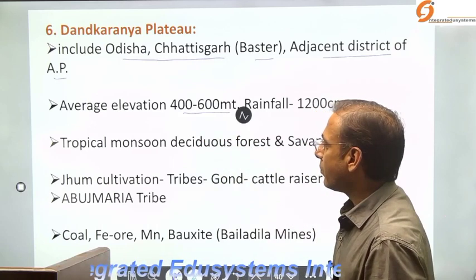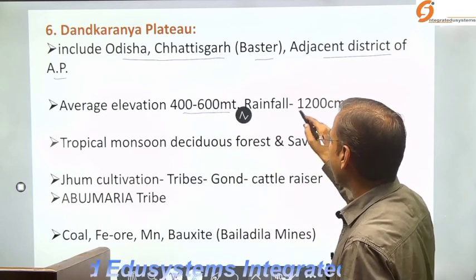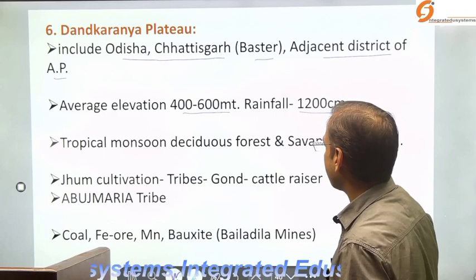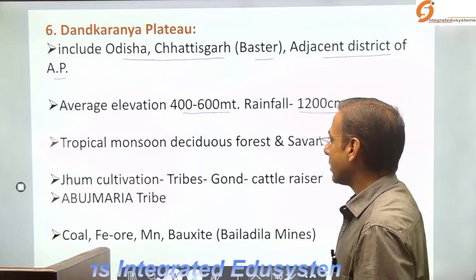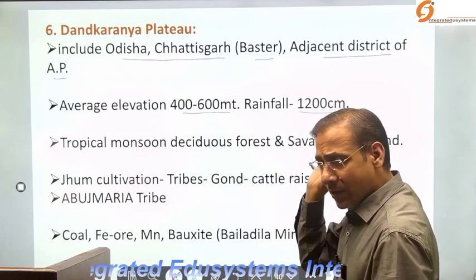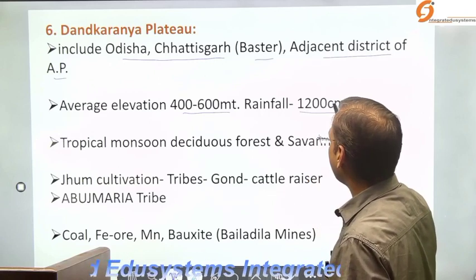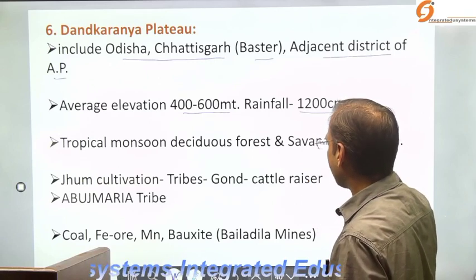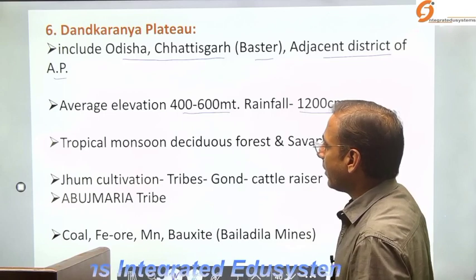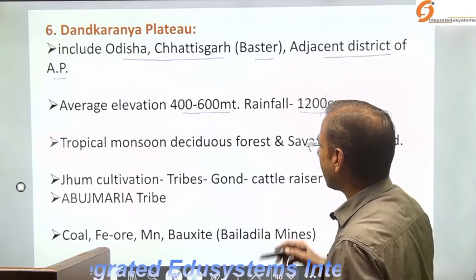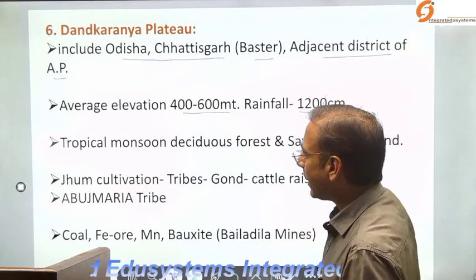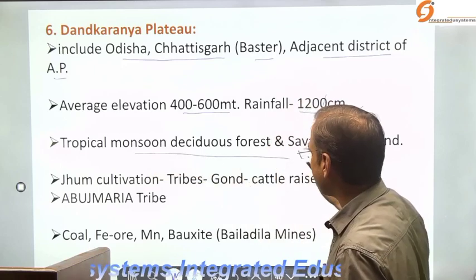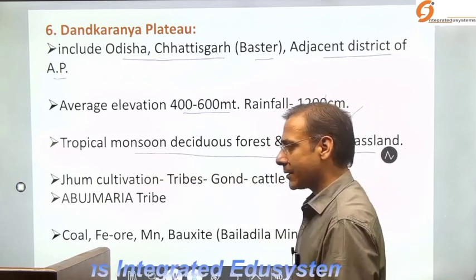Average elevation 400 to 600 meter, rainfall 1200, और basically millimeter होना चाहिए 1200, 120 centimeter or more sometimes, okay. So basically in this region what you find is tropical monsoon deciduous forest and savanna grassland.